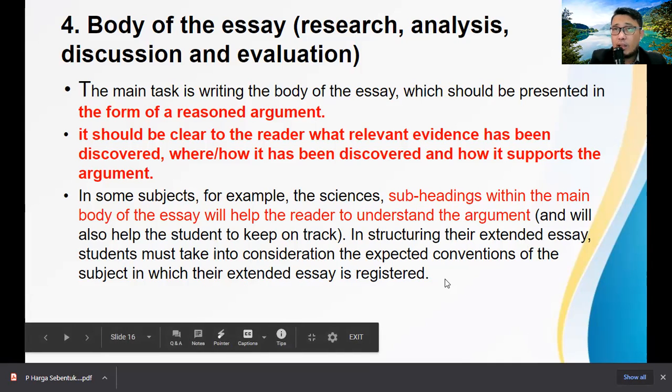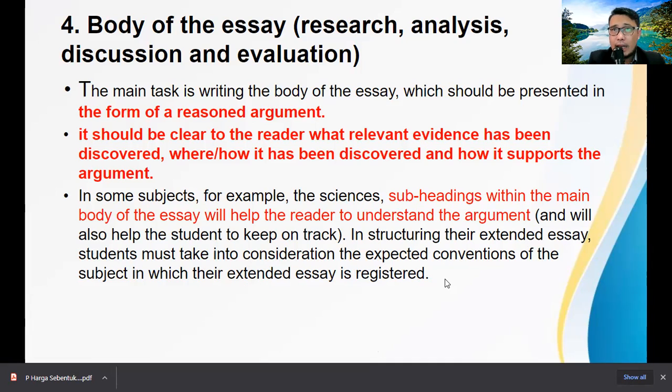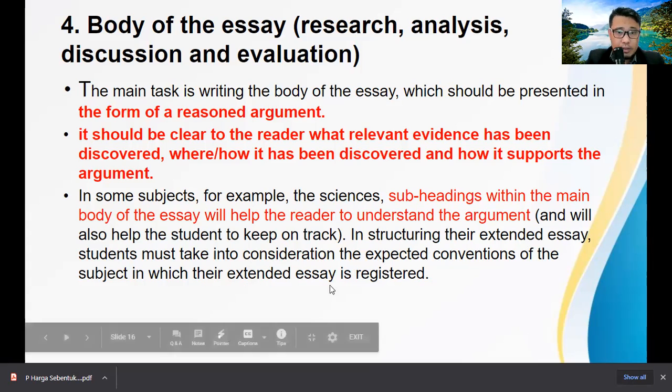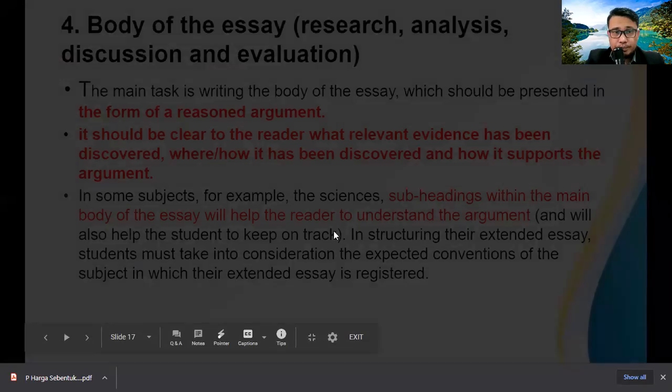It means that each subject has a different structure or layout. As long as the main body follows the format of the subject in which it is registered, it doesn't matter. I'll show you what the difference is.